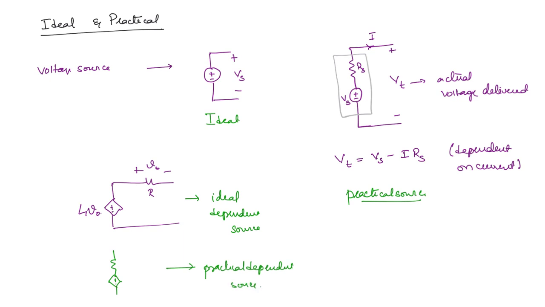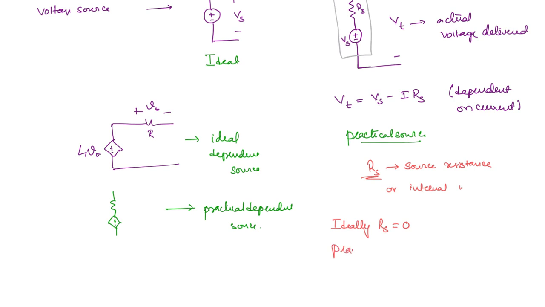Now the resistance we have in series with this ideal voltage source, we call it source resistance or internal resistance. Ideally, what would we expect? We would want Rs to be 0. Ideally Rs is equal to 0, but practically Rs is very small.